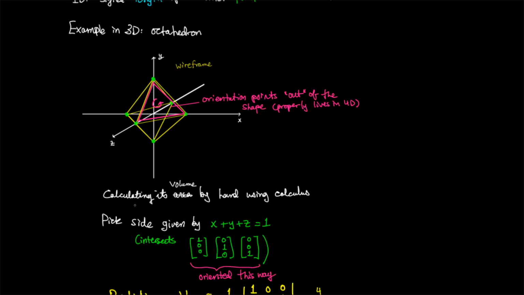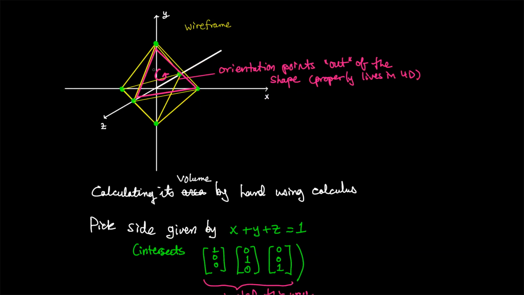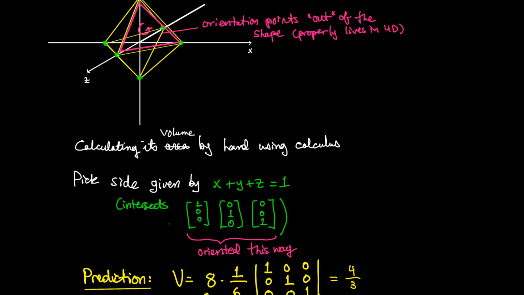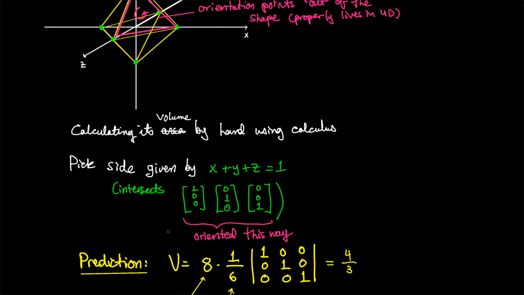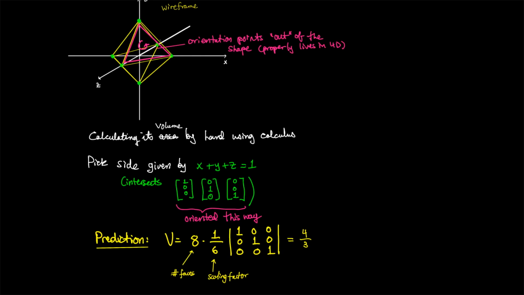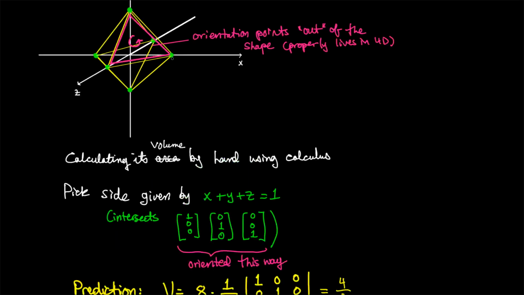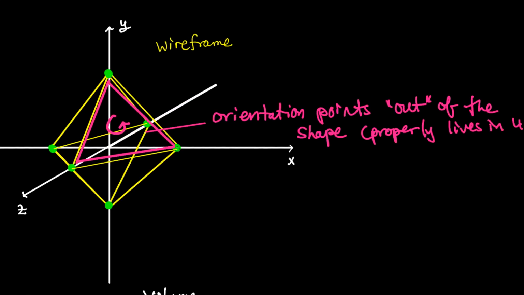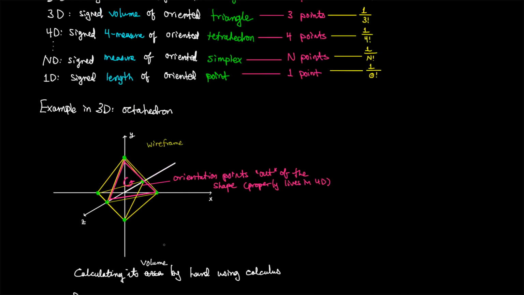Alright, and we're just going to first calculate its volume by hand using calculus. So first we're going to predict what we should get. There are 8 sides, or 8 faces. The scaling factor is 1/6, and I just chose the simplest side here, which we orient. So this point is 1, 0, 0, this is 0, 1, 0, and 0, 0, 1.